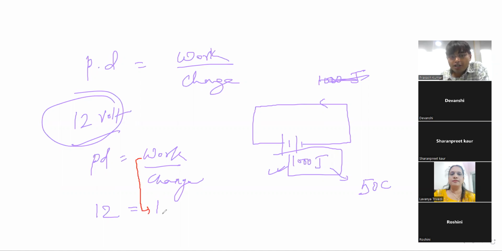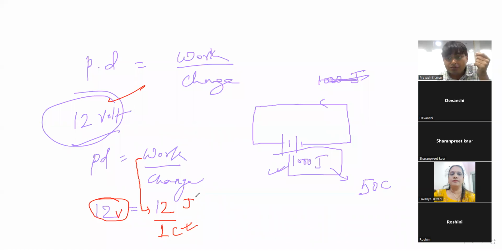Work equals, how much work? 12 joule divided by 1 coulomb. What does this 12 volt tell you? It means that for 1 coulomb of charge, if a battery is 12 volt, it is telling you that the battery has the capability to force 1 coulomb of charge.